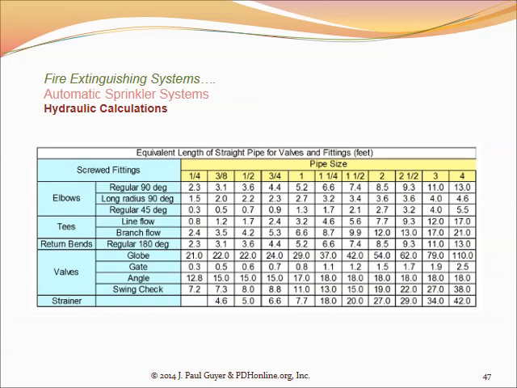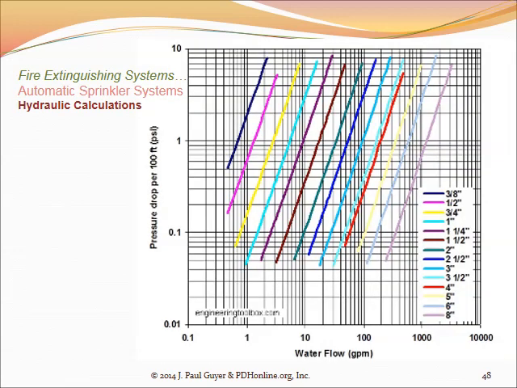So you convert your preliminary layout to equivalent linear feet of straight pipe, and then you use a table that looks like this, which relates pipe size to pressure drop per 100 feet at different flow rates.